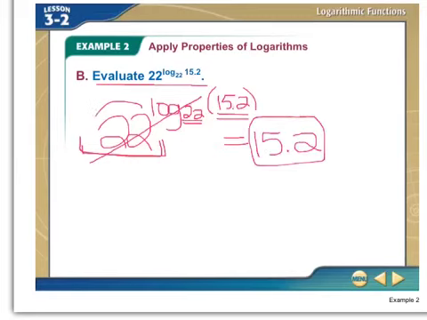Okay, anytime our exponential term has the same base as our logarithm here, those cancel out because exponentials and logarithms are inverses of each other. Those would cancel out and just leave us with the input of 15.2.